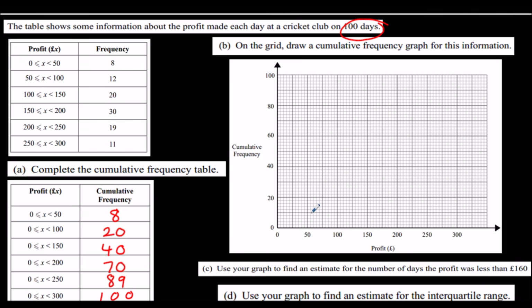So 50, 8, 100, 20, 150, 40, 200, 70, 250 against 89, and 300, 100. So again, I'm going to join them up with straight lines. You can use a curve or straight lines.